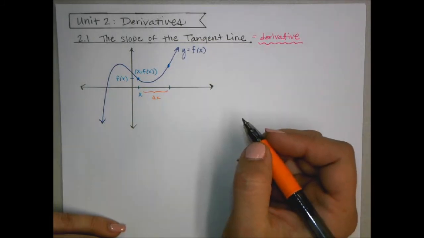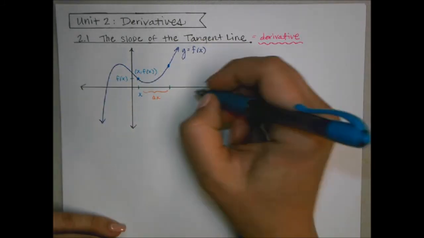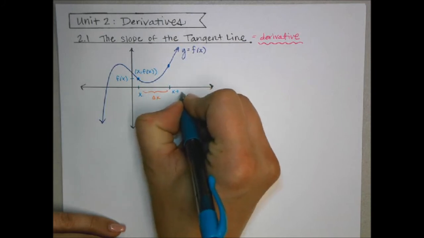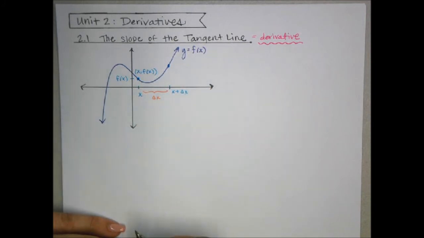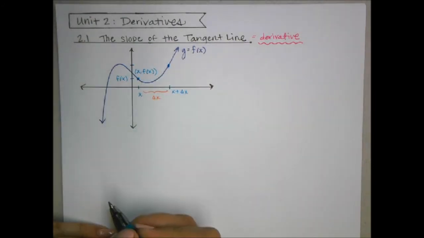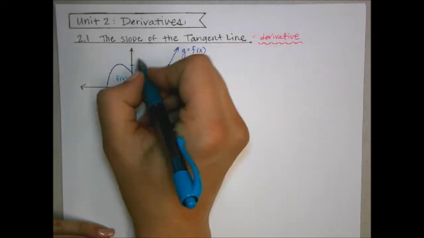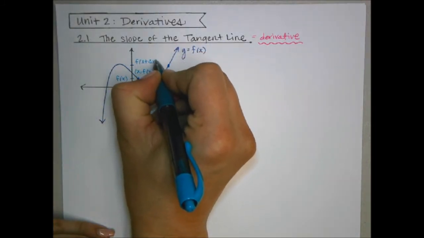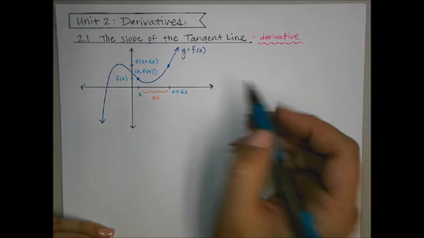So now, what is our x value? This x value is x plus delta x. And its corresponding y value, if I plug that into my function, is f of x plus delta x. And I can also label this point.